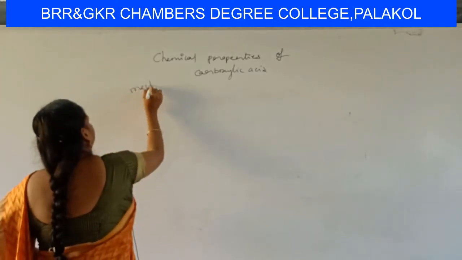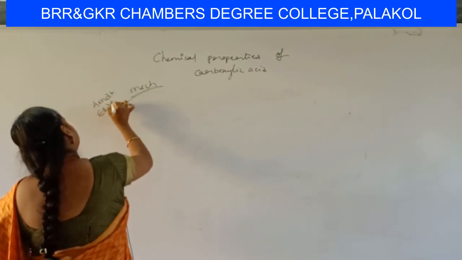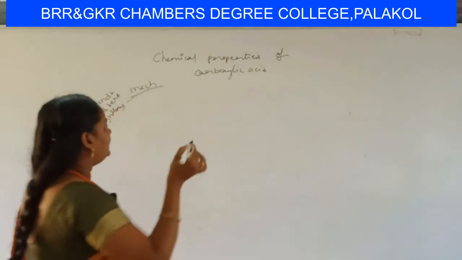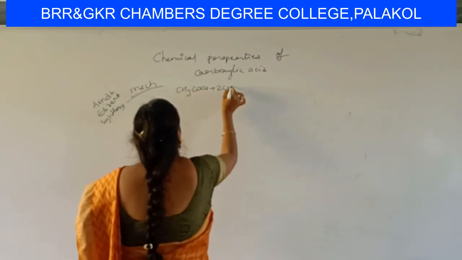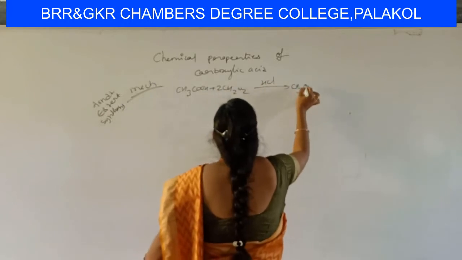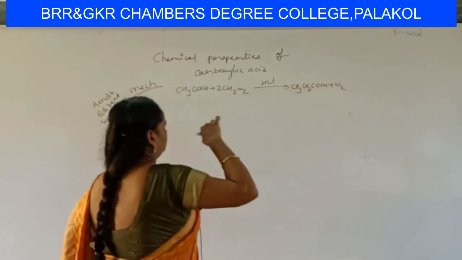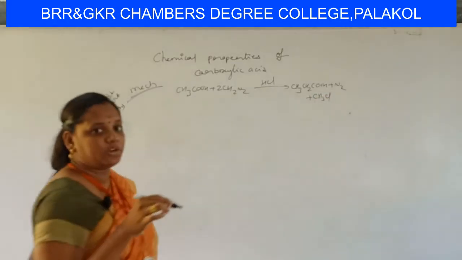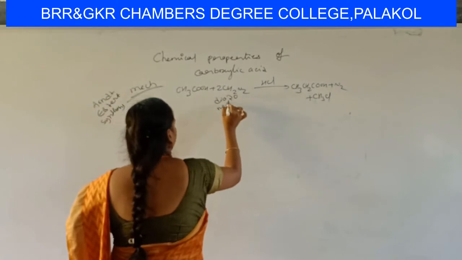Mechanism of which reaction students? Arndt-Eistert synthesis. Let me write the reaction once again. Okay students, what is the name of this compound? Diazomethane.